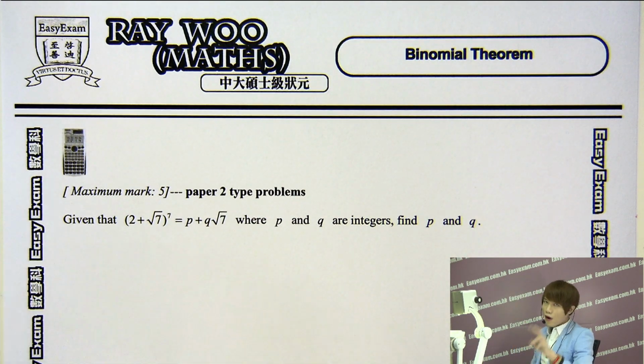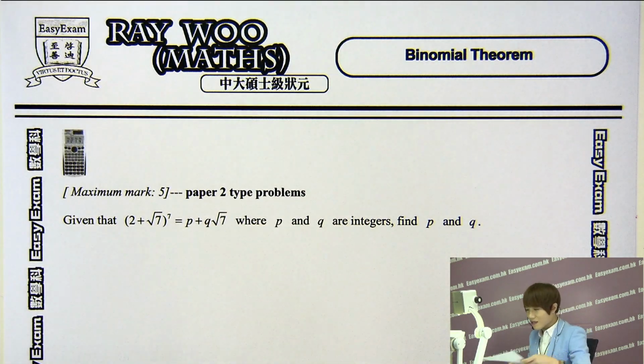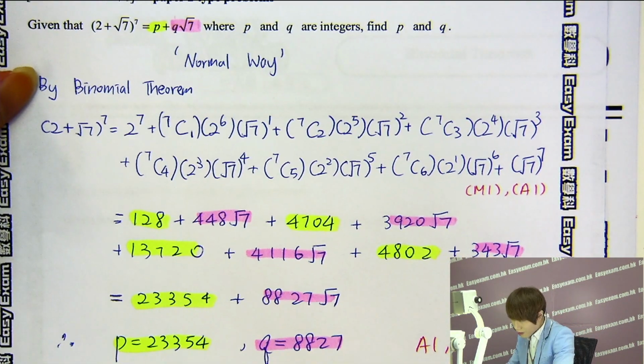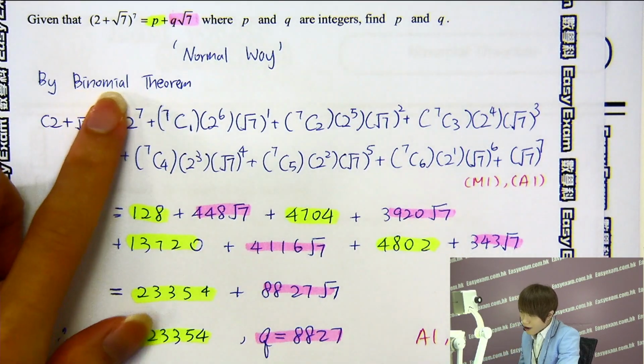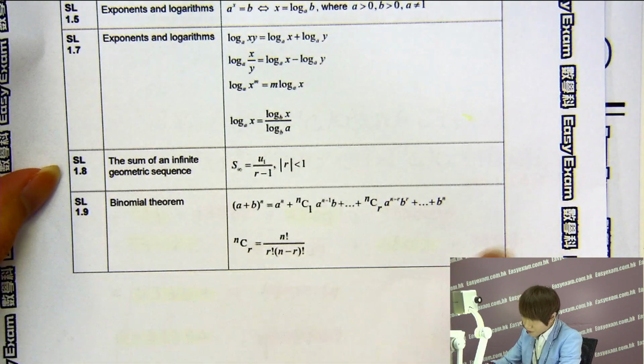So there are two ways to deal with this problem. The first way is the normal way, which you can see on the screen right now. It begins with the pretty long binomial theorem in your formula sheet.